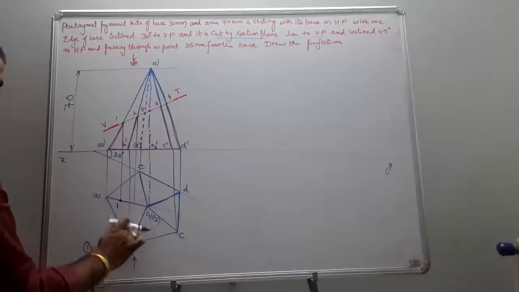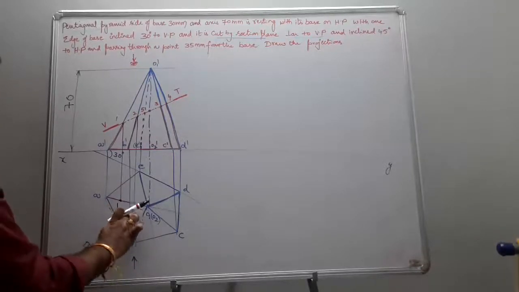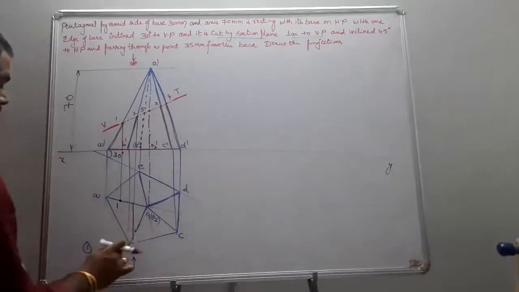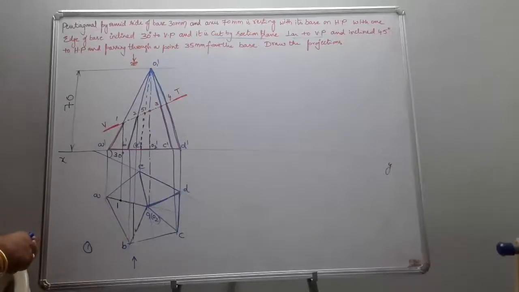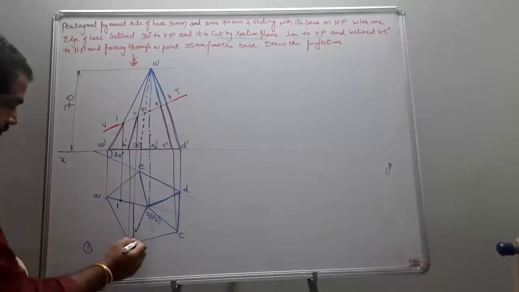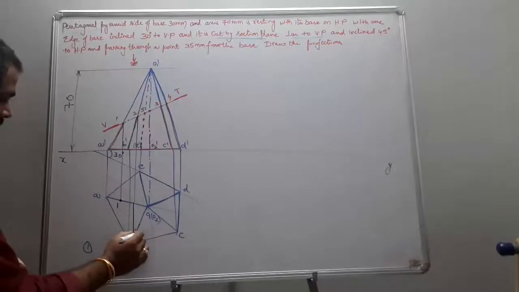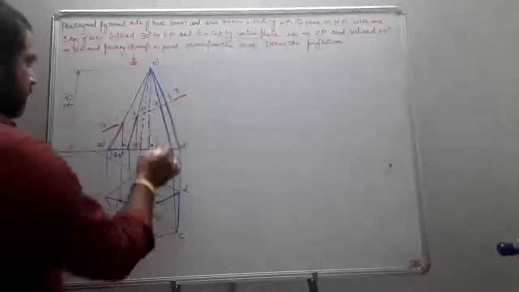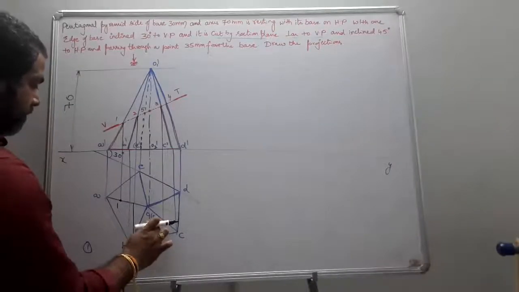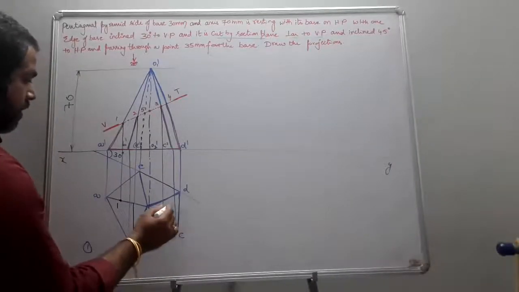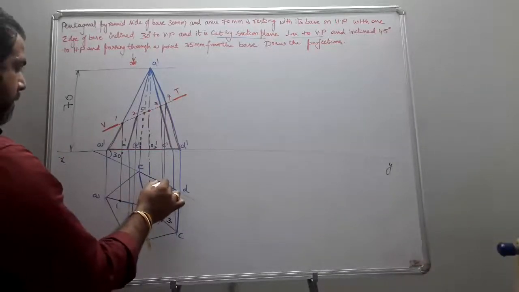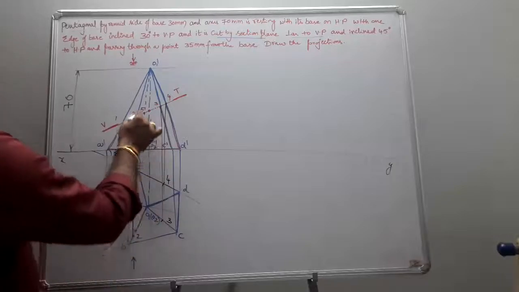This becomes point 2. Next, point 3 is on OC. Point 4 is on OD. Point 5 is on OE.